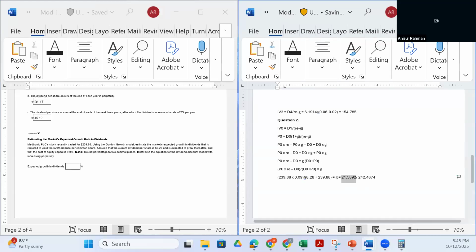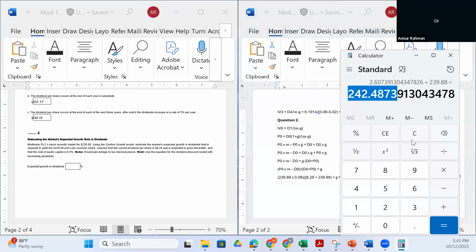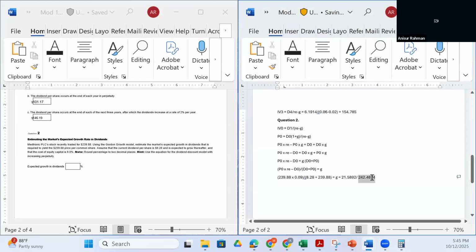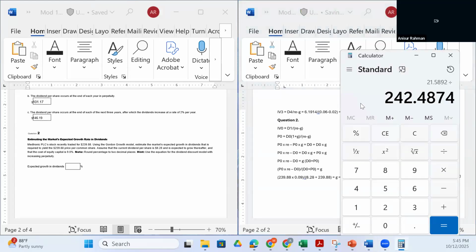This number divided by that number. So we have 8.9%.